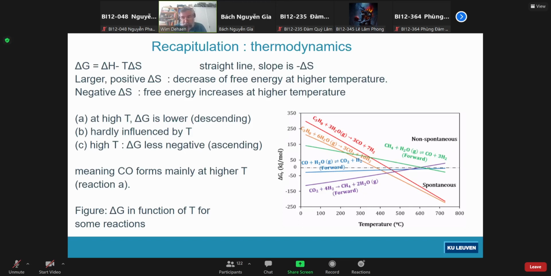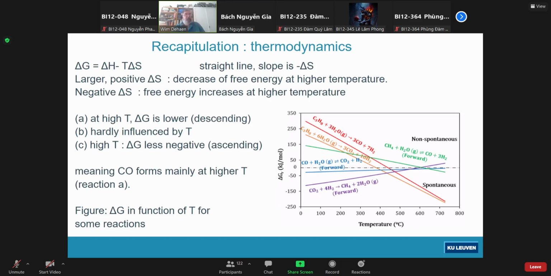And so I put more than those three reactions, but you can see for some reactions, it more or less follows a flat line. For others, they go down, others go up.